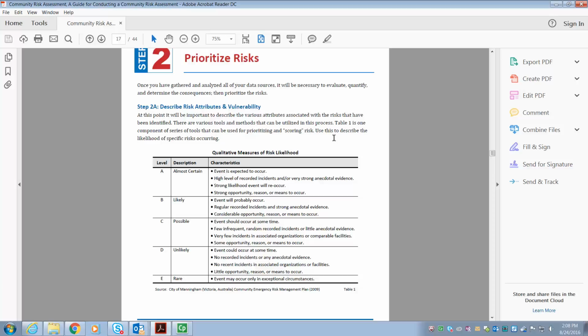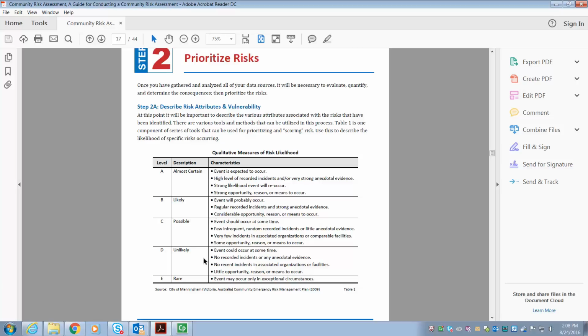In this particular example, you'll look at a video from another Gordon Graham. He's a very good speaker, but high risk. Is it likely? Is it possible? Is it unlikely? Is it rare? But also, what's the impact of it? We have to look at that.